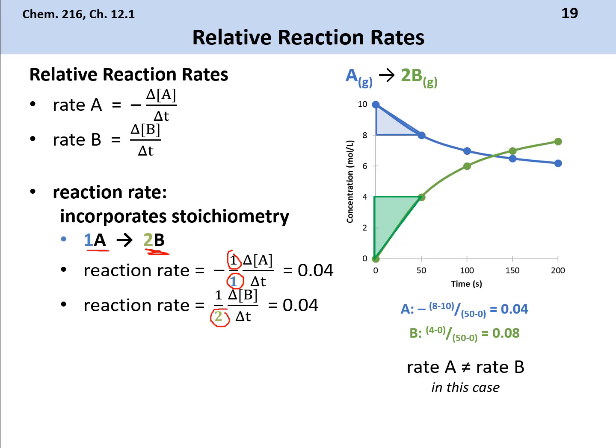For A, I divide by 1, because there's a 1 right here, and for B, I get 2. And I get 0.04 and 0.04. I get the same. This is what we call the overall reaction rate.